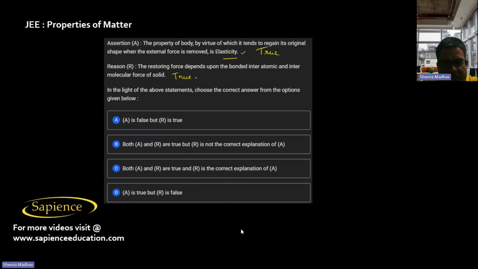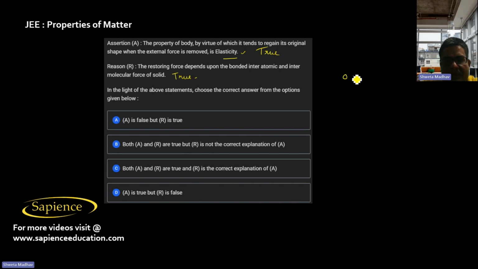So here, the restoring force will depend on the bonded interatomic force.